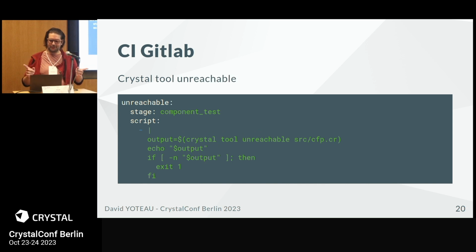For Crystal tool unreachable, I opened a pull request. This command does not always return a non-zero exit code, so it's not a quality gate in a CI. Thanks to Daniel Gilchrist, who gave me a solution on my GitHub issue to fail if unreachable finds unreachable code.